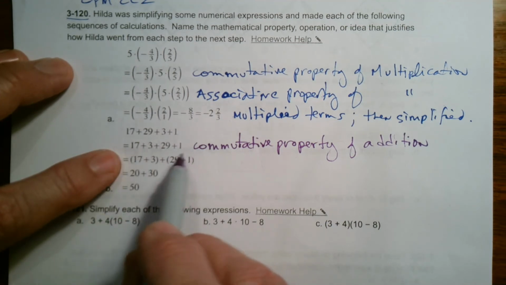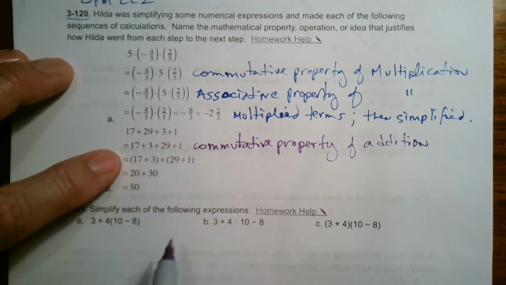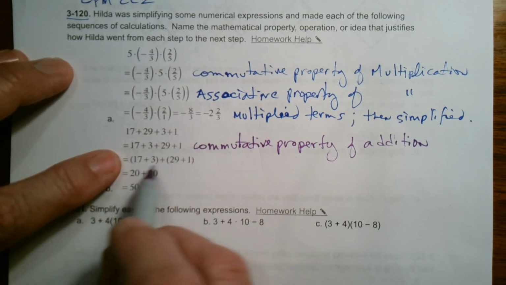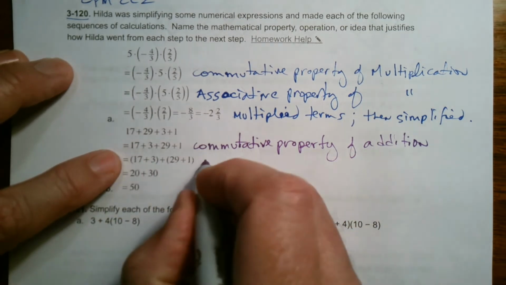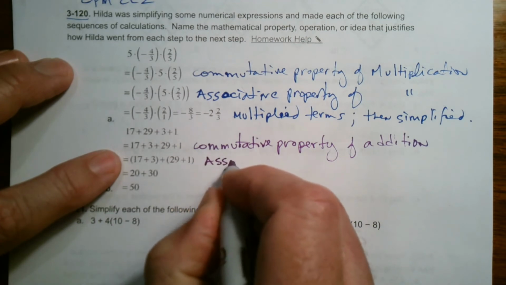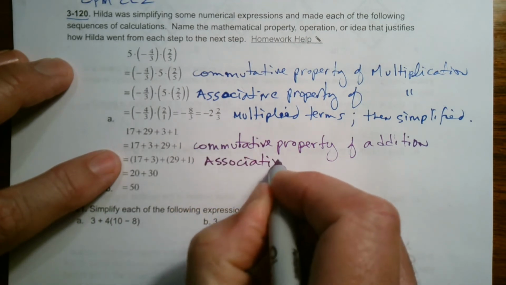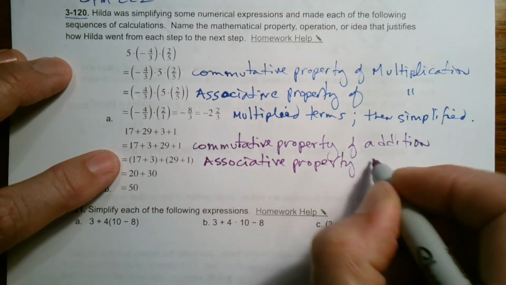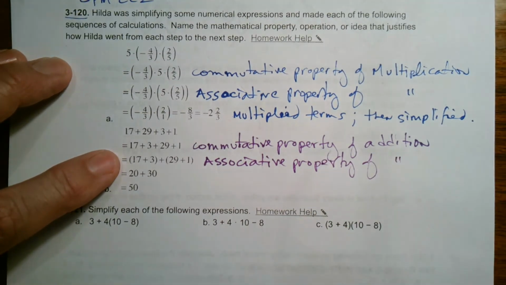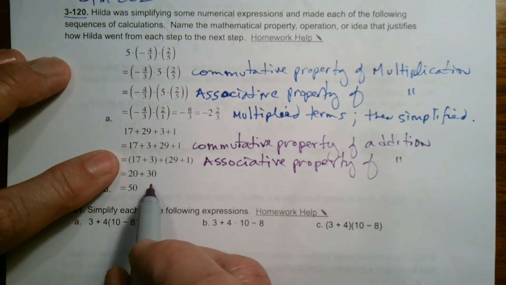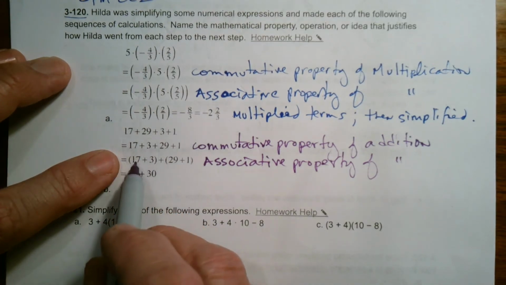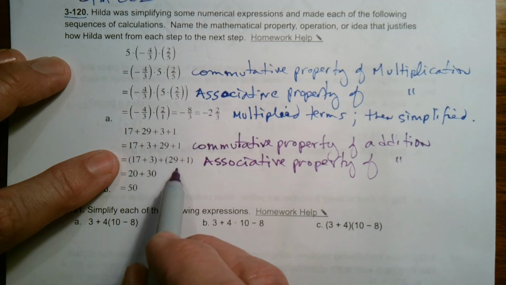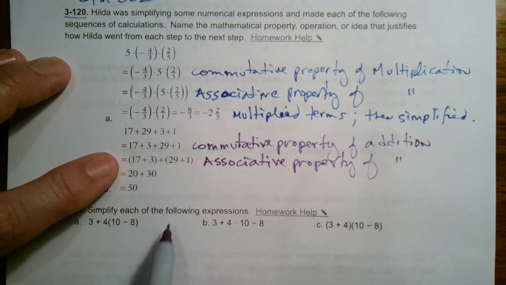When you have all addition and you want to add out of order, you choose the order by using grouping symbols. We call that the associative property, in this case of addition. I'm going to associate these two together and those two together before I then add everything.